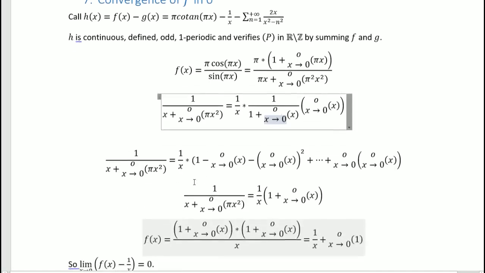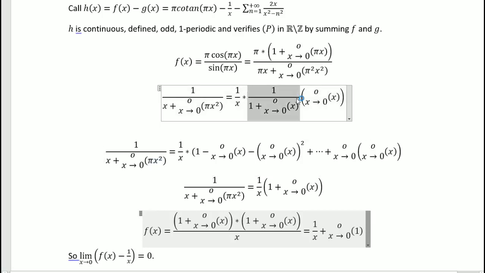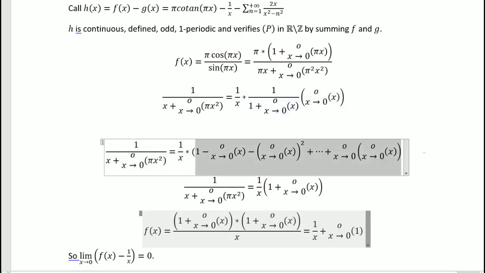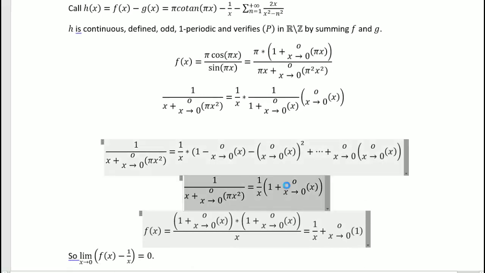What else? So I continue. So I do a limited development of 1 over 1 plus x in 0, obviously. And I get this expression here. And actually all of this equals O of x when x goes to 0. So we get this expression.